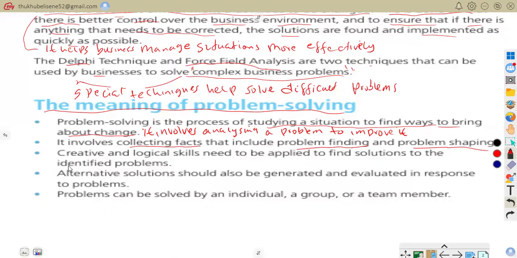The next point says creative and logical skills need to be applied to find solutions to the identified problems. So both thinking skills are needed to solve problems.